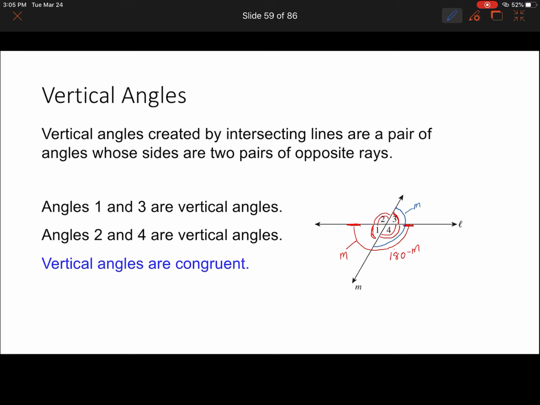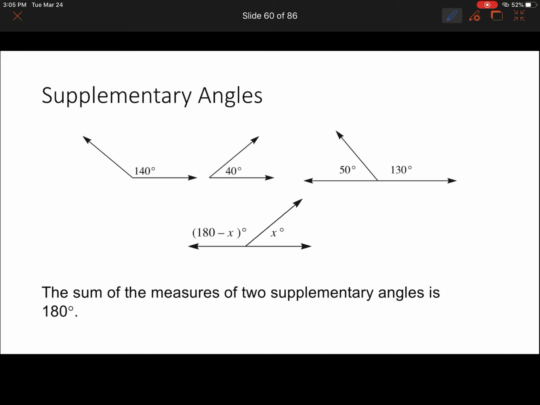And so if angle 4 is 180 minus M, then angle 3 must also be M. And so we're going to see that in some examples coming up, but hopefully that will make some sense to you about why vertical angles are considered to be the same angle measurement, so they're congruent.